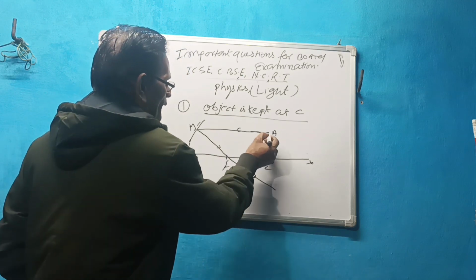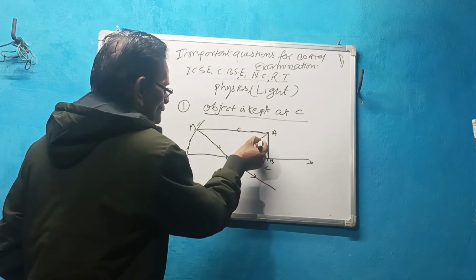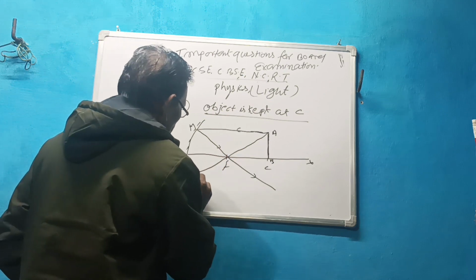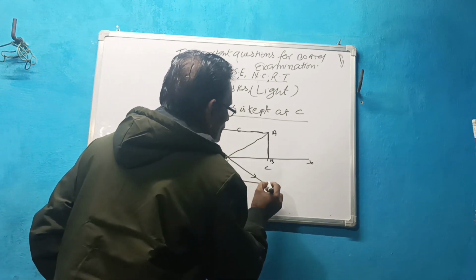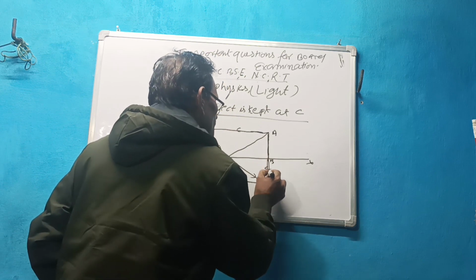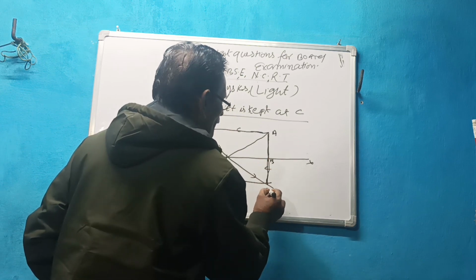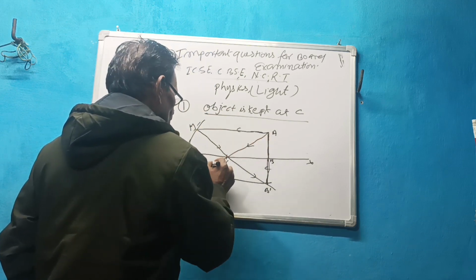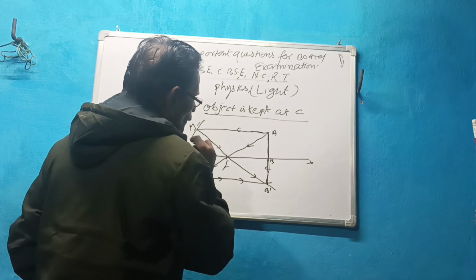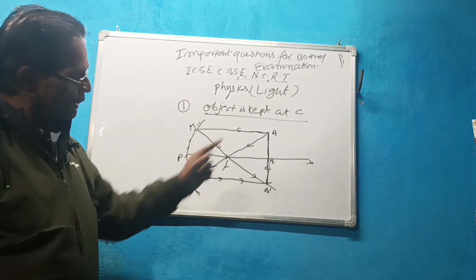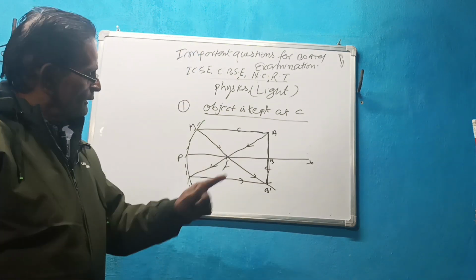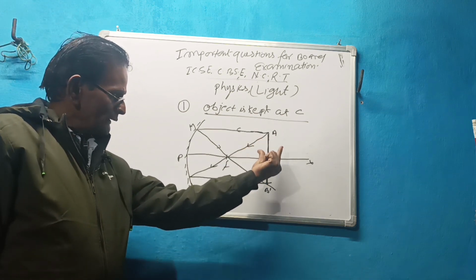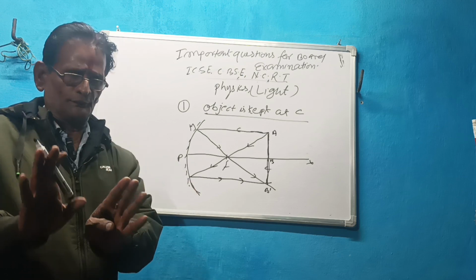Another ray of light will also pass through the focus and then be reflected. Then you can see here AB, and here is A dash B dash. You always have to take two rays for the object AB.